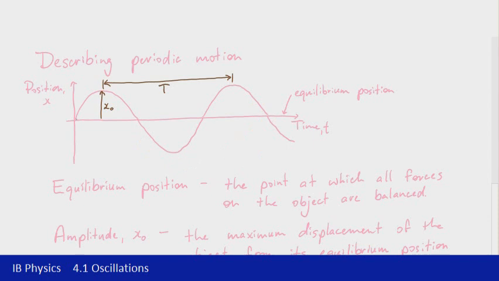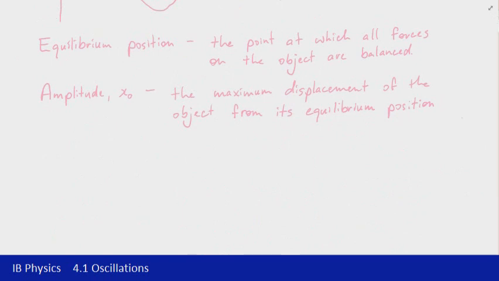Likewise, we could have chosen this point and this one, so it doesn't really matter which two points you choose, so long as they're at the same part of the oscillation. So the period relates to the amount of time. Period is simply the time taken for one complete oscillation.